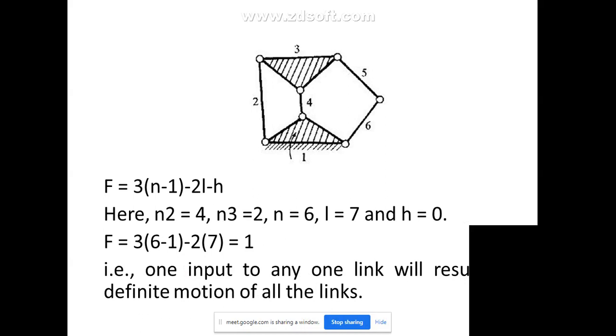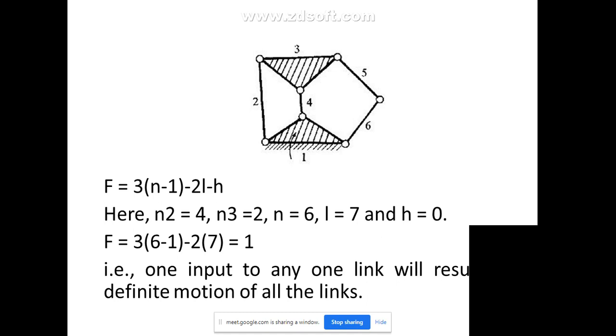If the same problem is without the hatched lines, the link numbering will be different. Suppose in this problem we remove the hatched lines. Then 1, 2, 3, 4, 5, 6, 7, 8. The link numbers will change automatically, and you have to consider 4 extra links. If the hatched lines are not there, the total number of links will be 10.